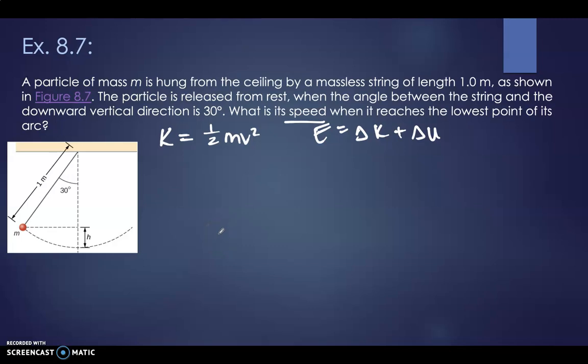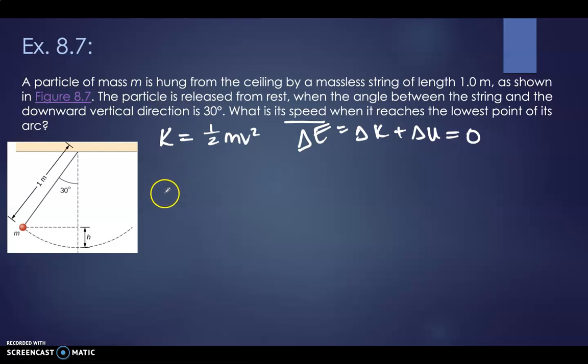All right, so we're going to go ahead and continue our example 8.7. So we need to use this idea of conservation of energy, and our change in energy is going to be equal to 0.